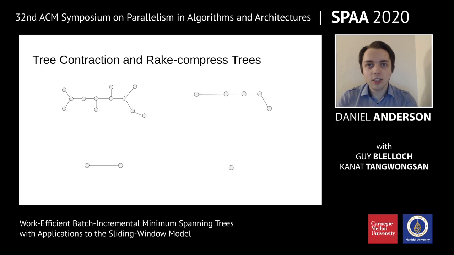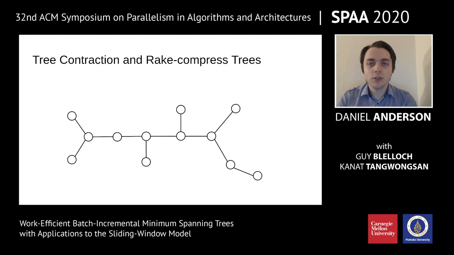Now, how do we use this to get efficient dynamic tree algorithms? Well, the key here is to use the idea from rake-compress trees, which is to interpret the tree contraction process as a recursive clustering. In particular, whenever a vertex is deleted during tree contraction, it should merge all of the clusters adjacent to it.